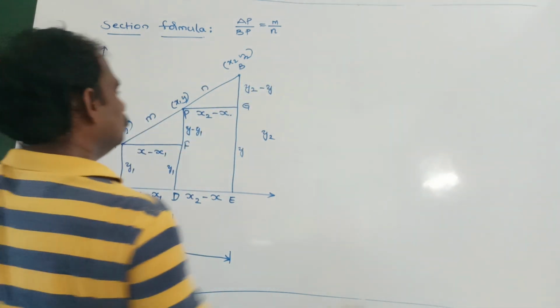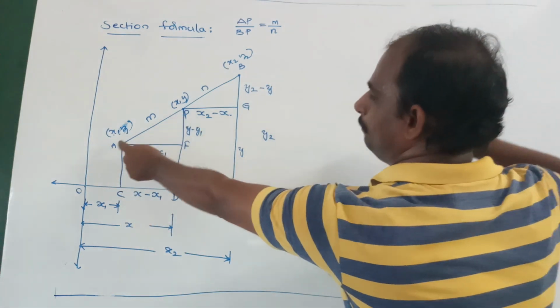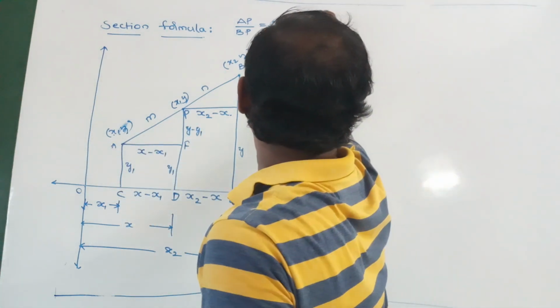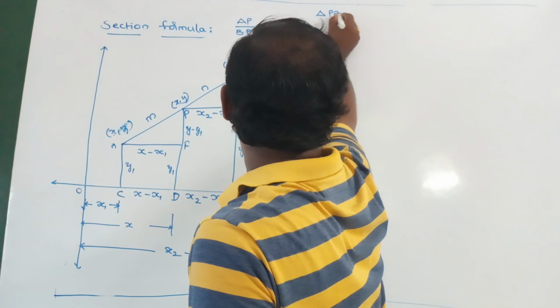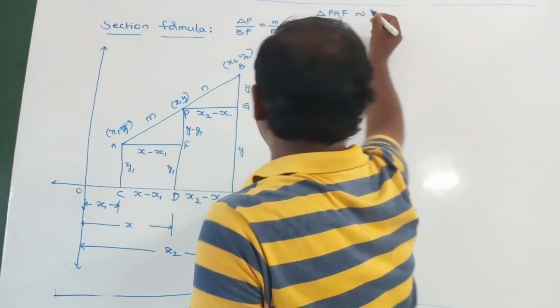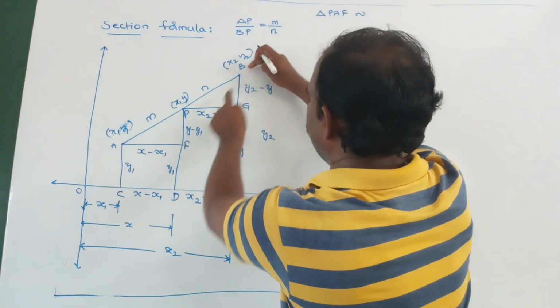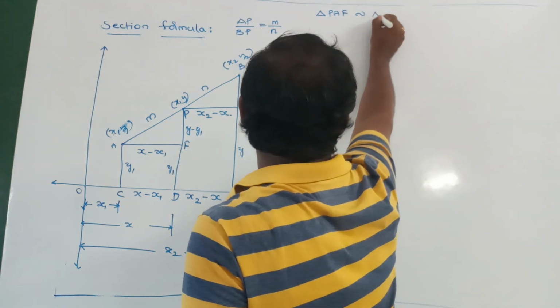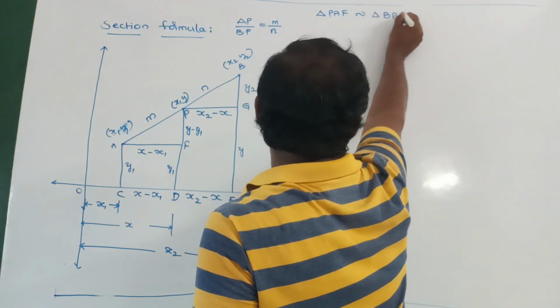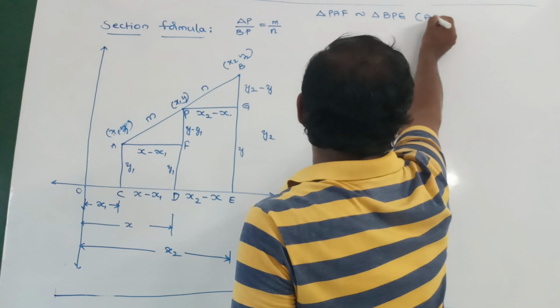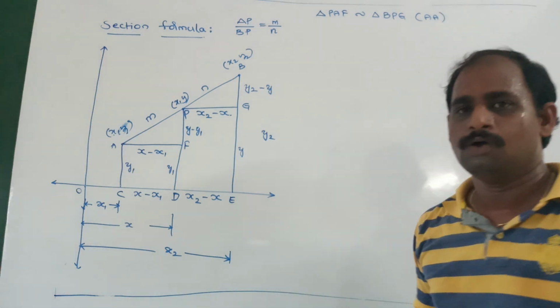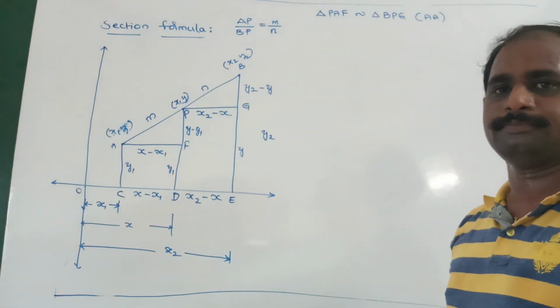Now observe, triangle PAF is similar to triangle BPG, by AA similarity. Why are they similar?